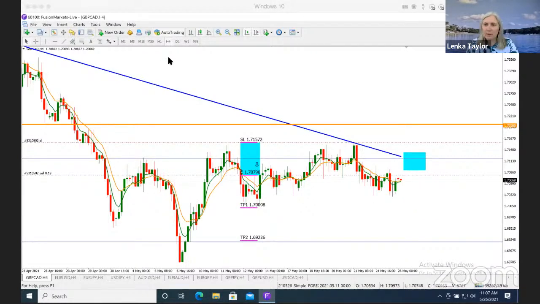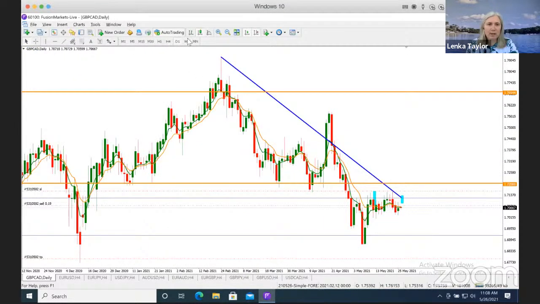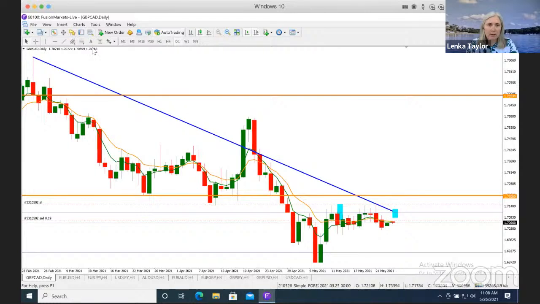All right. On the daily, I'll show you on the daily. It would be below the current engulfing bar, just below that, maybe a few pips below, whatever you normally use as your offset in terms of entry.